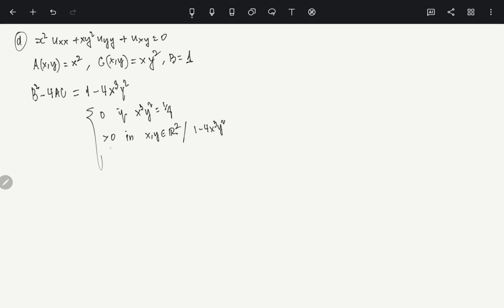Positive is, in this case, hyperbolic. So on the curve it will be parabolic, and in this region it will be a hyperbolic equation.